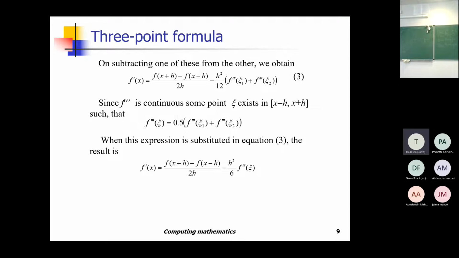But h to the power 2. Can you guess what happens with the error if I decrease the step 10 times? It means in the first experiment, I use h equals 0.1, and after that, I use a step that is 10 times smaller, 0.01.